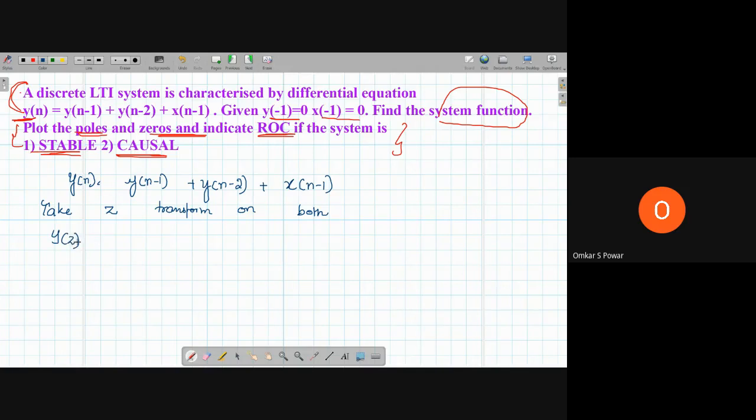Now, in order to make it easy, bring the y terms on one side and x terms on the other side. So you can write it as y of n minus y of n minus 1 minus y of n minus 2 is equal to x of n minus 1.